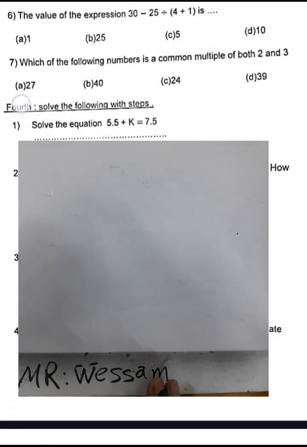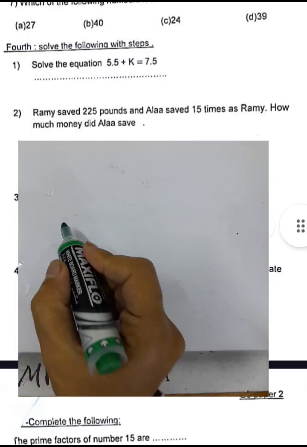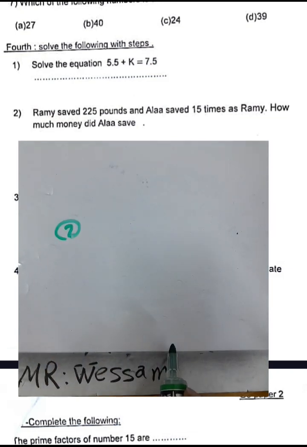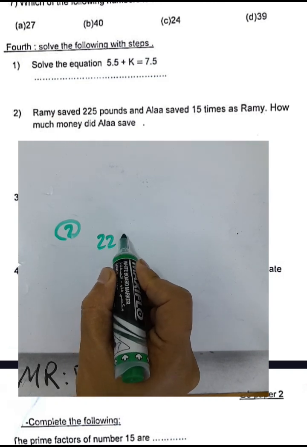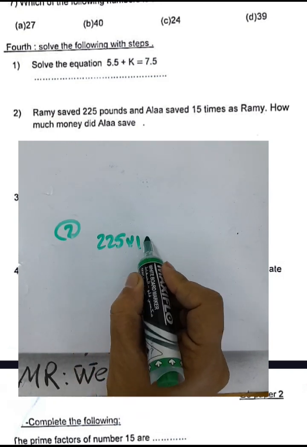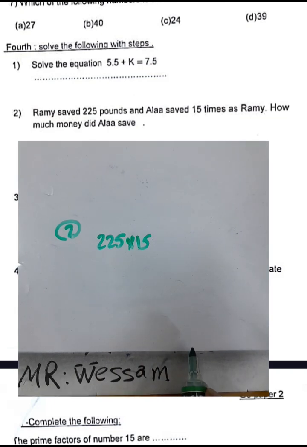Question number 2. Rami saved 225 pounds and Ala saved 15 times as Rami. How much money did Ala save? Ala saved the product between 225 and 15, because Ala saved 15 times Rami and Rami saved 225.